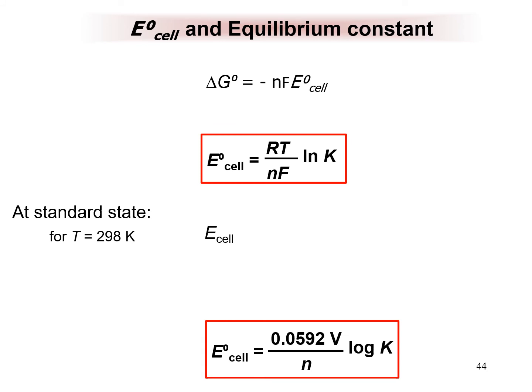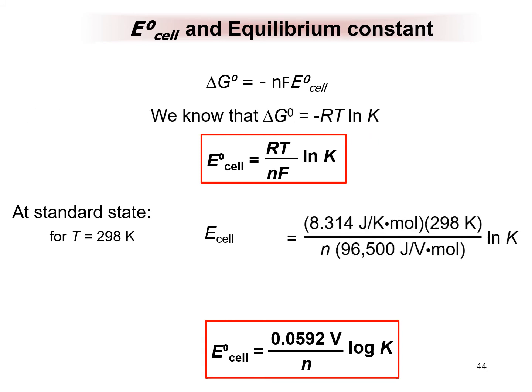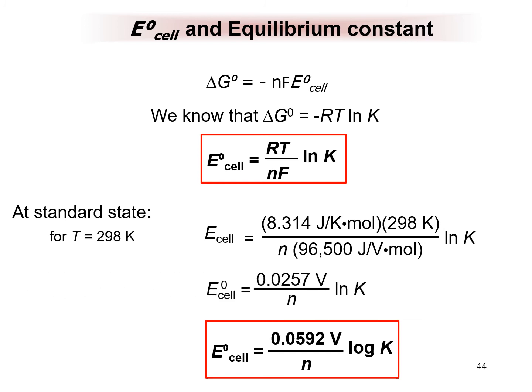Okay, the last part we are going to discuss in this chapter is how E naught cell is related to the equilibrium constant. Like I said, if we begin with chemical equilibrium in this course, General Chemistry 2, it does not leave us till the end of the course. So right here you see that we just saw how G naught is related to E naught.